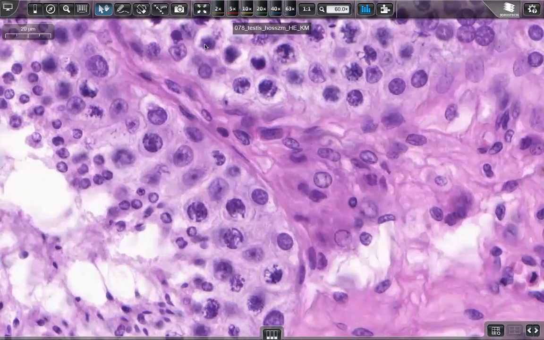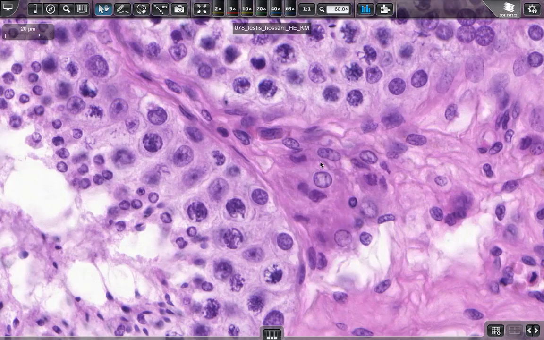And just among the seminiferous tubules, so these are the walls. Among the seminiferous tubules, we can find big cells with a round-shaped nucleus and ovoid cytoplasm. These are the Leydig cells.